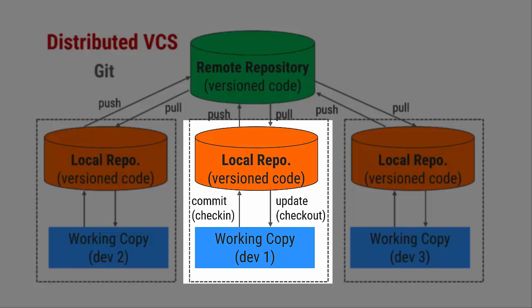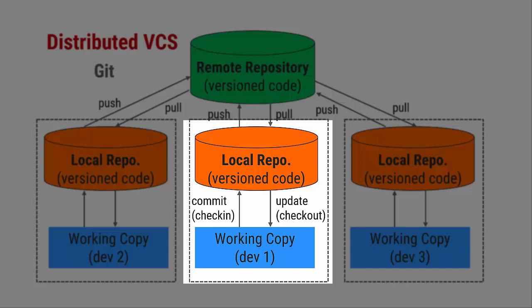So the entire history of code changes are right there on the same local machine. So what does that tell us? It tells us that the developer can work completely offline. So if there is no internet connection, then you can still work on your local copy, make your changes and commit those changes to the local repository.